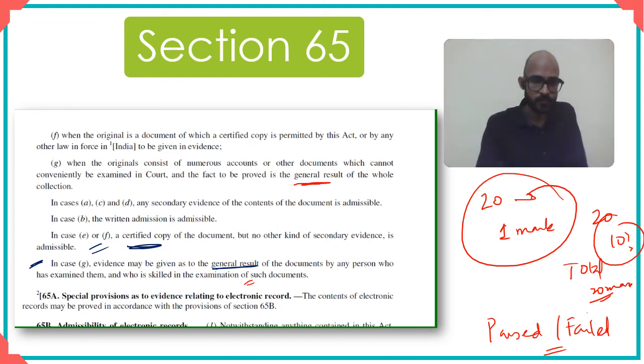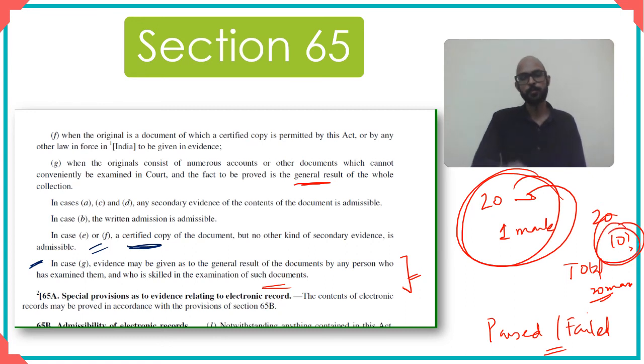So in the case of G, evidence may be given as to the general result of the documents by any person who has examined them or who is skilled in the examination of such documents. Let us say as a person who has to evaluate these papers, I pretty much have an idea of who has got 10 out of 20.